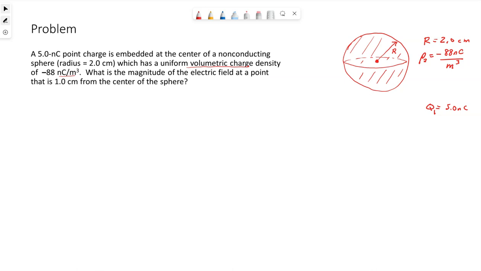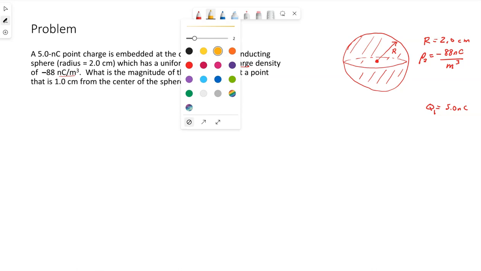All right, so we are wanting to find the electric field. Let me get a different color back. We want to find the electric field essentially half of the way out.